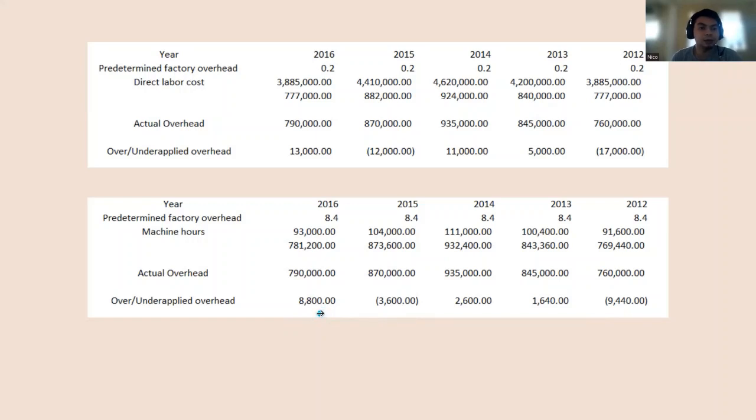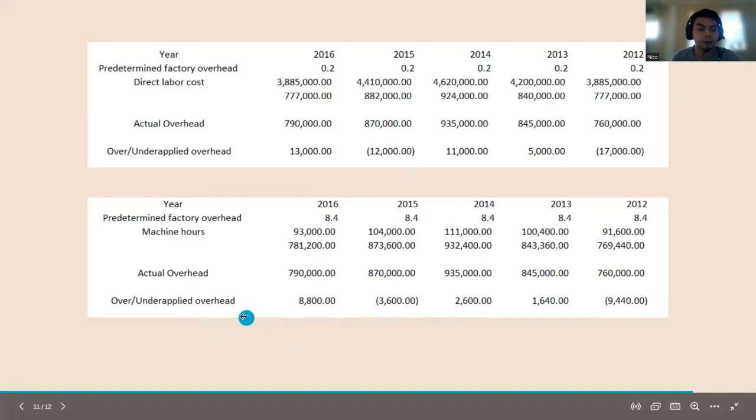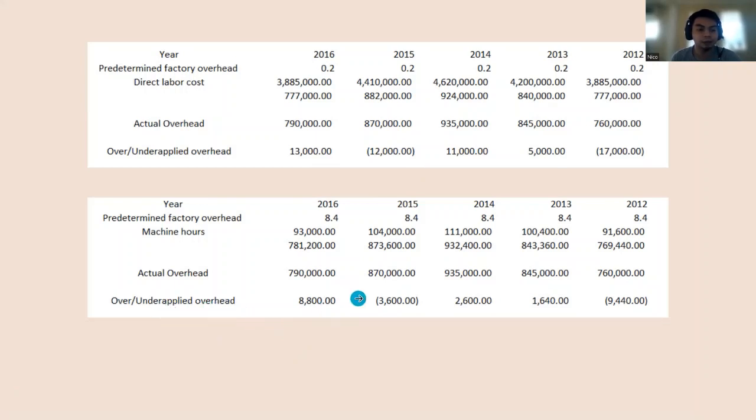And then we have the third problem. Which predetermined overhead rate would you recommend? Discuss the basis for your recommendation. Our answer in this problem will be based on this table. As you can see, the values for the over or under-applied overhead for the machine hours are much lower than the values for the direct labor cost.